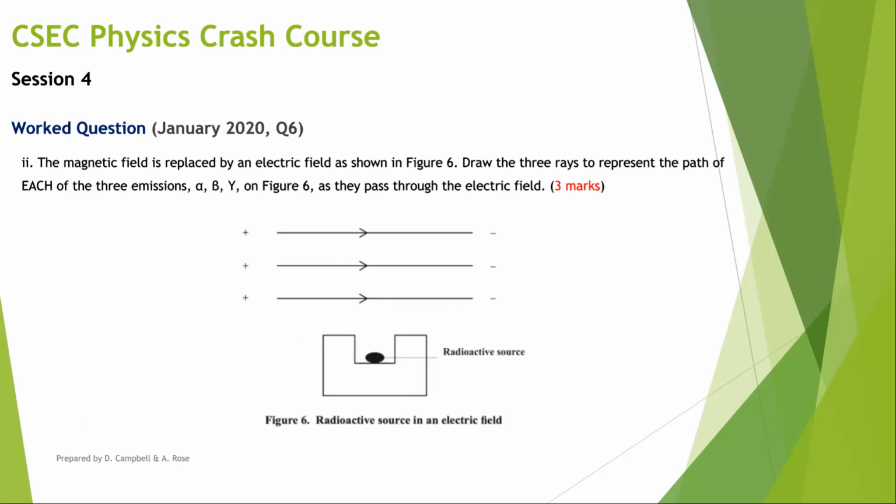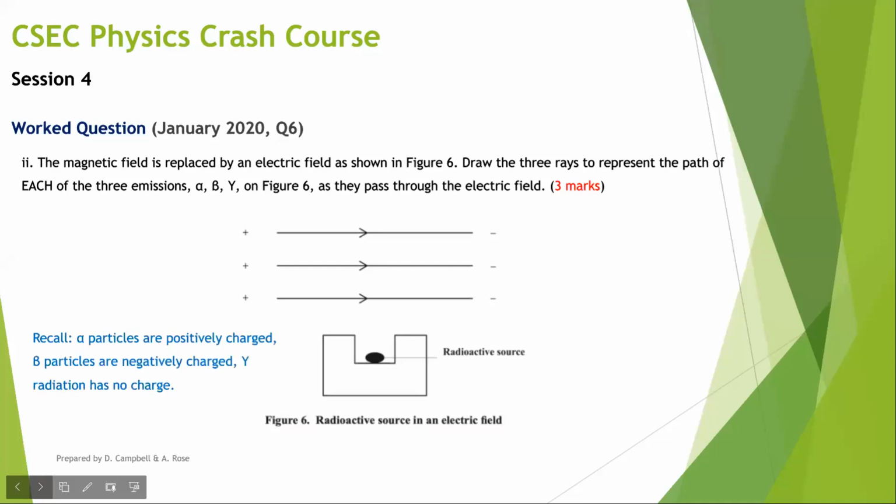So notice once again, we have to bear in mind the relative charges of the alpha particle and the beta particle. Once again, gamma radiation is unaffected by electric fields, so you would not expect it to be deflected. Now, alpha particles have an overall positive charge, so you would expect that they would deviate towards the negative because opposite charges attract.